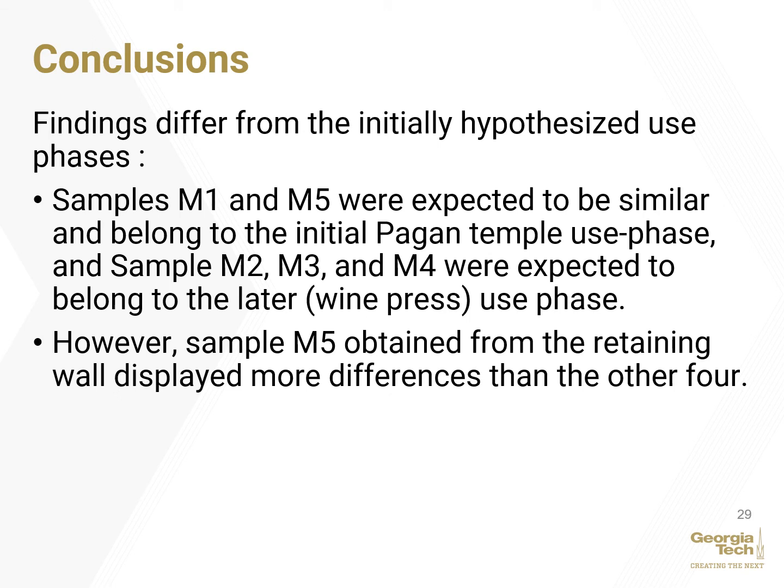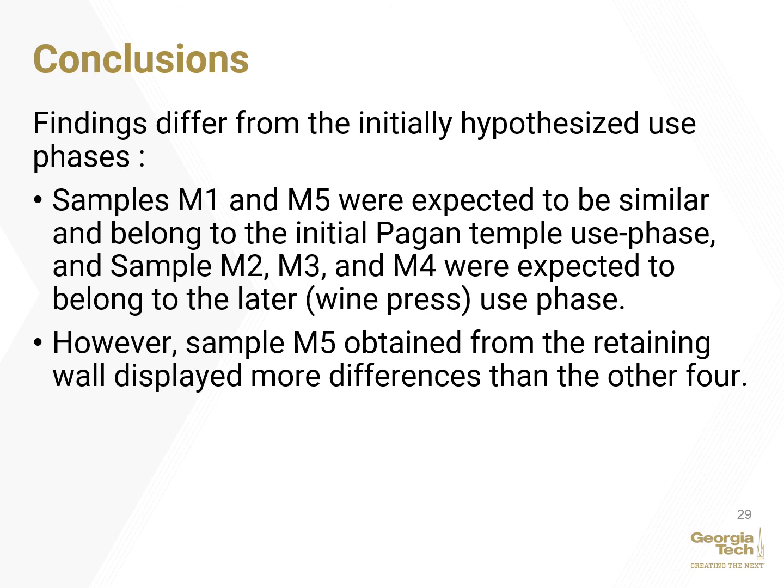However, the findings in general differed a little from our initial hypotheses. Samples 1 and 5 are expected to be similar and belong to the initial pagan temple use phase. Again, M1 was from the front foundations and M5 from the back retaining wall. And samples M2, 3, 4 are expected to belong to the later use phase, therefore be more similar.